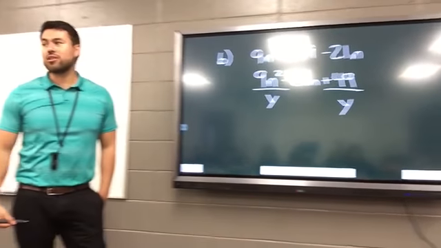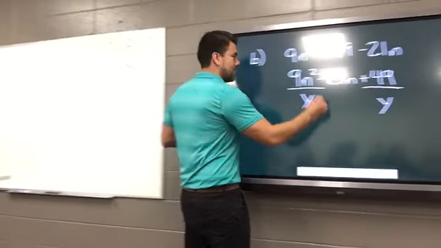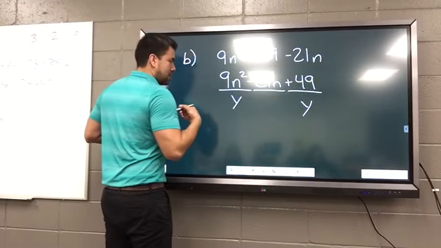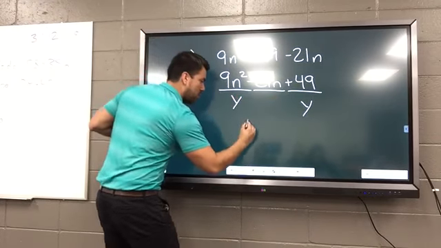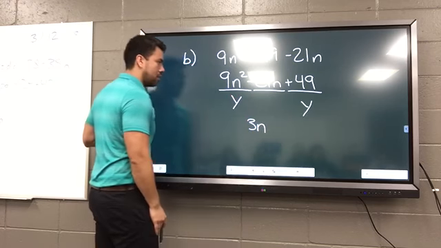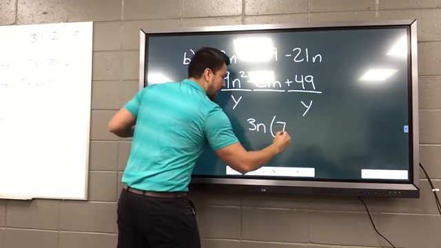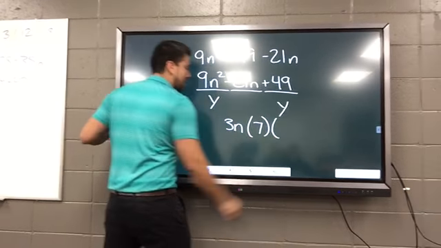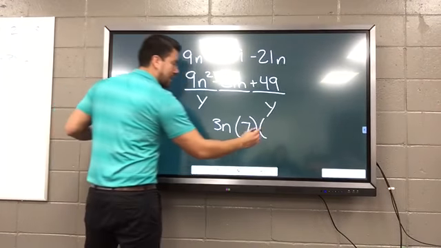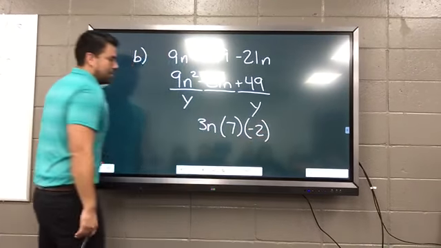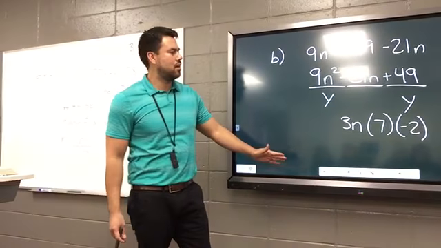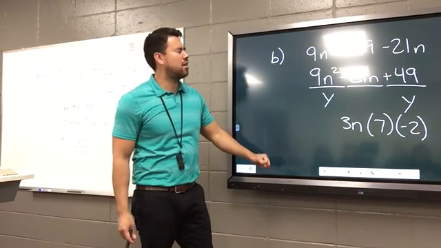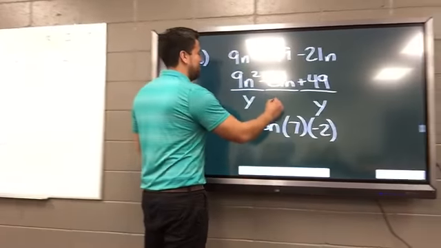The last question is this: is the middle term the product of the square root of 9n squared and the square root of the last term and plus or minus 2? Negative 2 here. No.